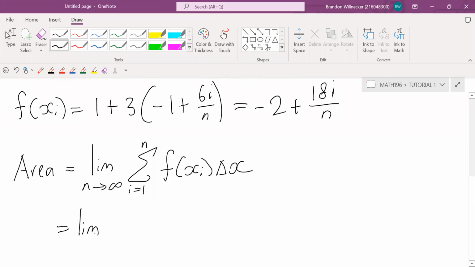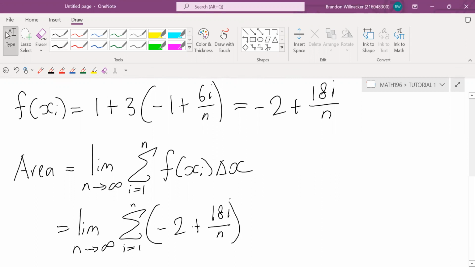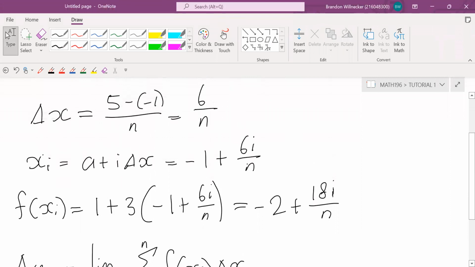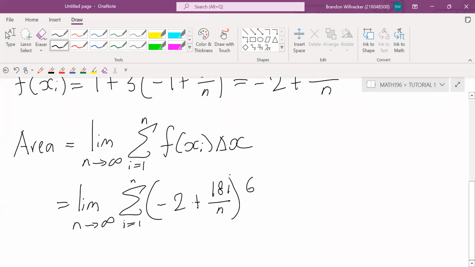So we're going to have the limit as n goes to infinity, the sum from i equals 1 to n, f of xi, we know what that is. That's minus 2 plus 18i over n. And delta x, that is 6 over n.